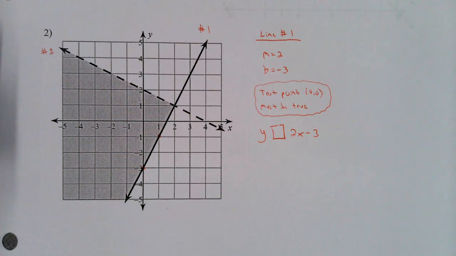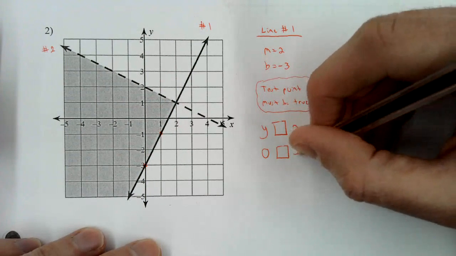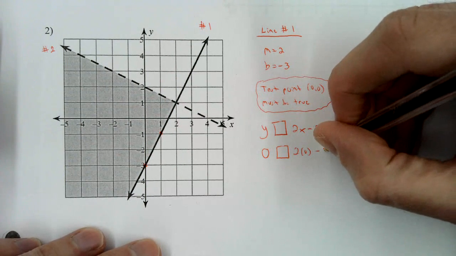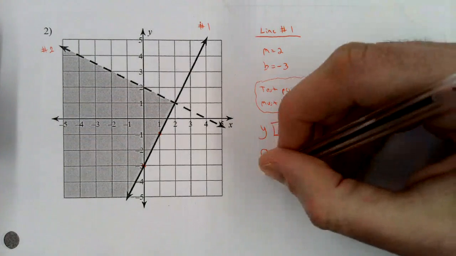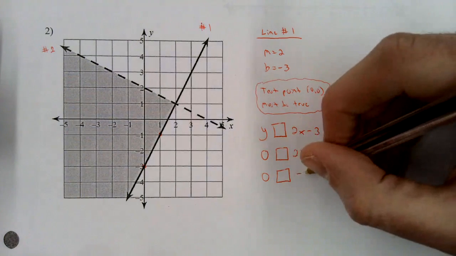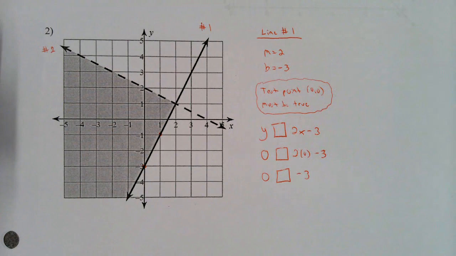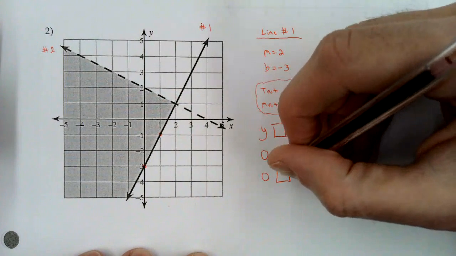We're going to use 0 for y and 0 for x. So 0, we don't know the inequality symbol yet. 2 times 0 is 0, minus 3 is -3. So 0 is greater than -3, and since it's a solid line, I'm going to say greater than or equal to.